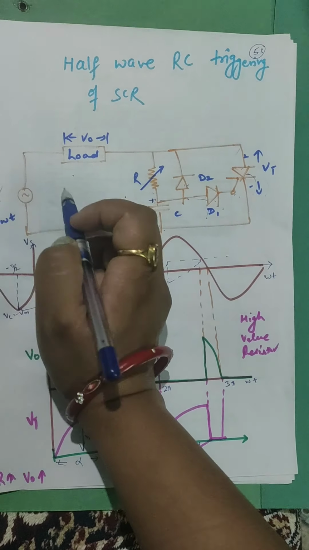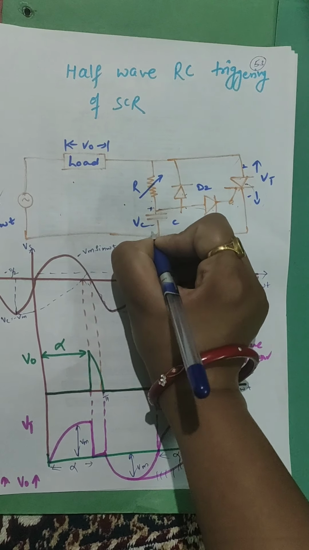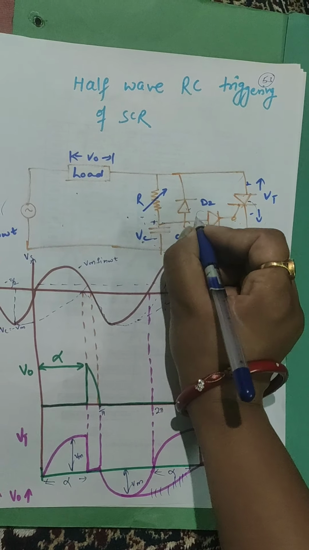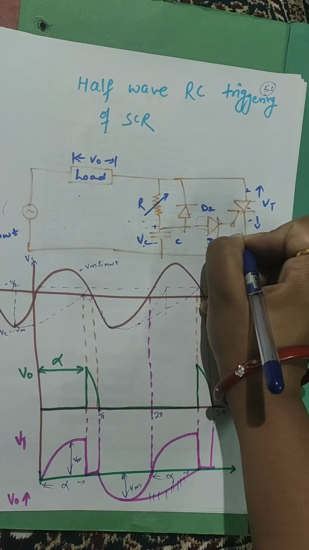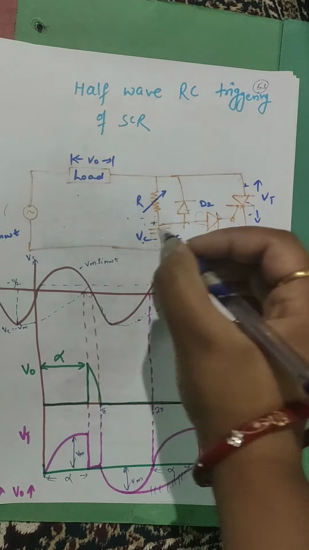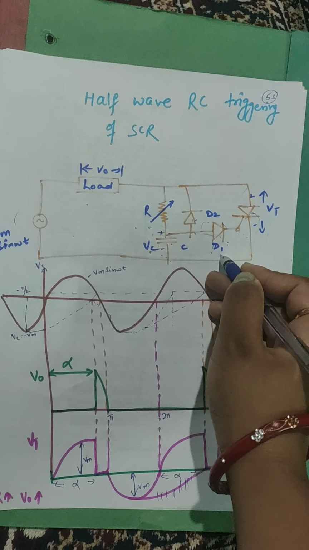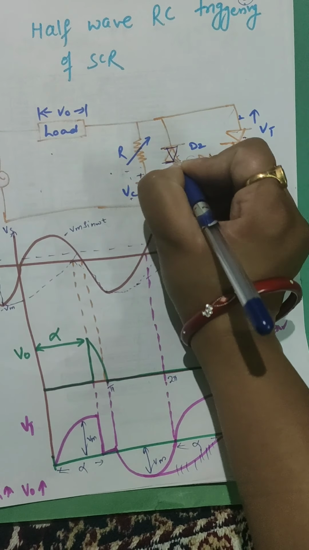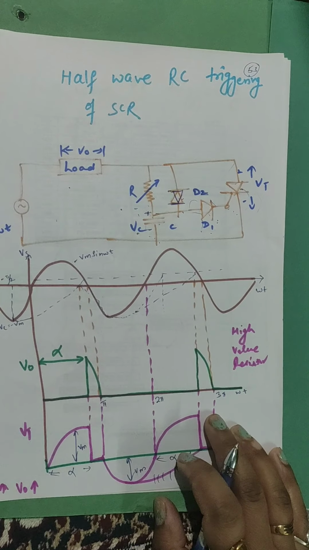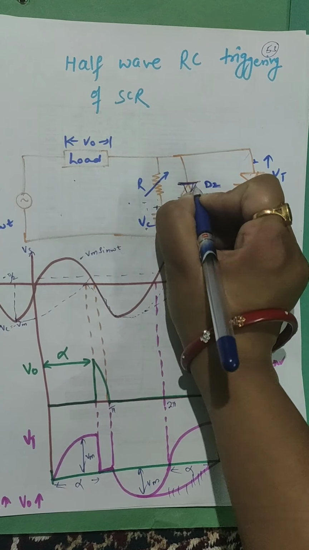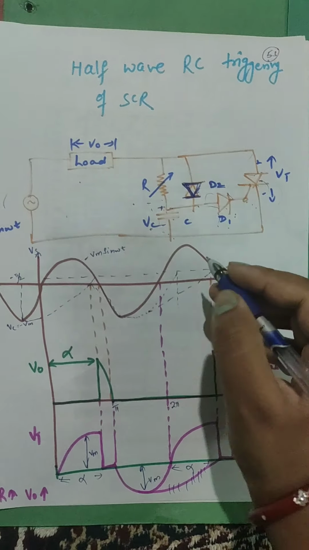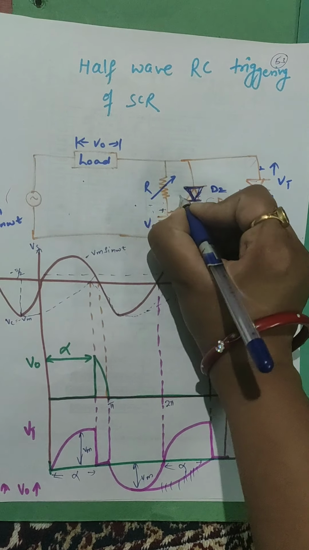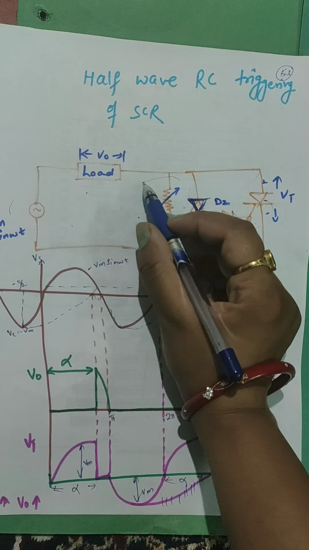For a negative half cycle, the capacitor starts to discharge, because this side is negative and this side is positive. The capacitor will give a negative voltage to diode D1. So for the negative half cycle, D1 will be reverse biased and diode D2 will be forward biased, so current will flow like this.